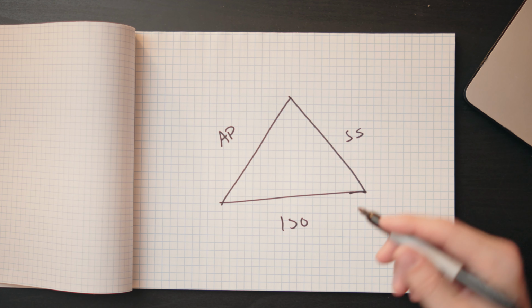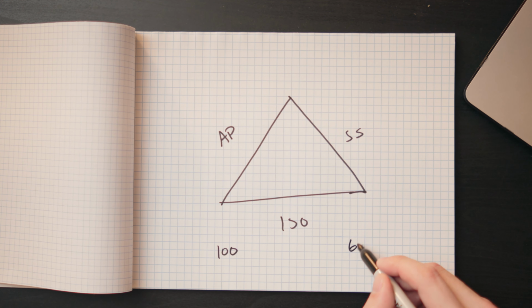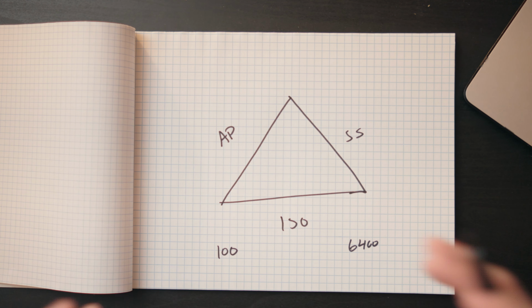So ISO is going to run, let's say, from 100 to 6400. There are cameras that go beyond that, but that's not the point for this illustration. Say, down this end would be a darker exposure, and at the top here would be a lighter exposure, bringing in more light.